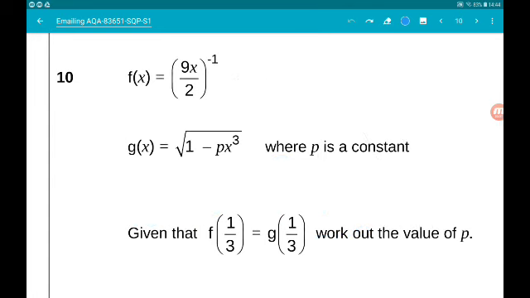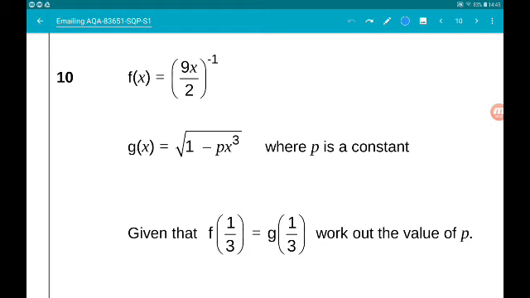Okay, question 10, we've got functions. So I'll put my function stuff down below. f of x is (9x over 2) to the power of minus 1. g of x is square root of 1 minus px cubed. Given that f of a third is equal to g of a third, find the value of p.